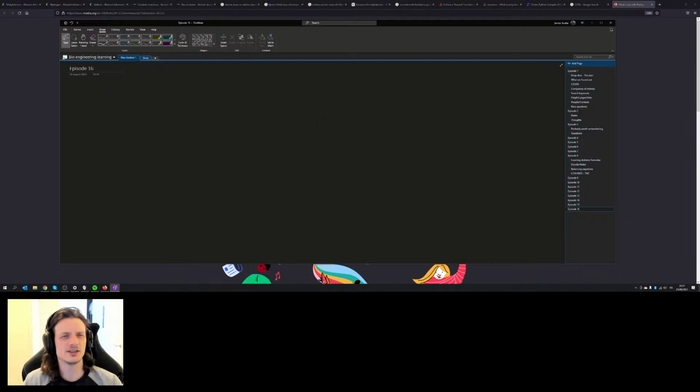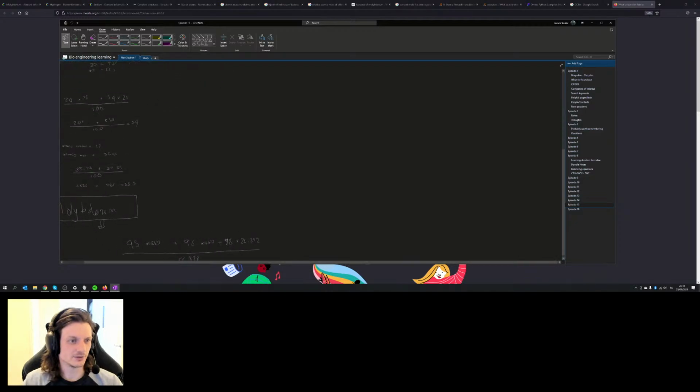I think this was the calculation I had: atomic mass times the abundance, plus all of the other ones in that atom, divided by the abundances added together.